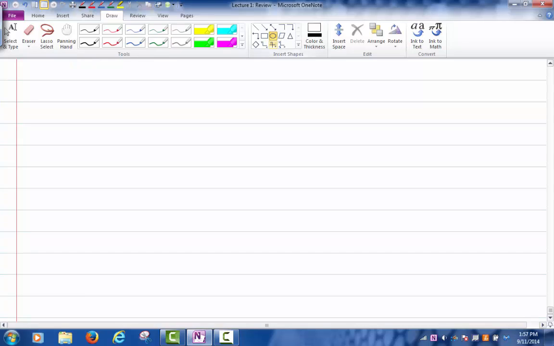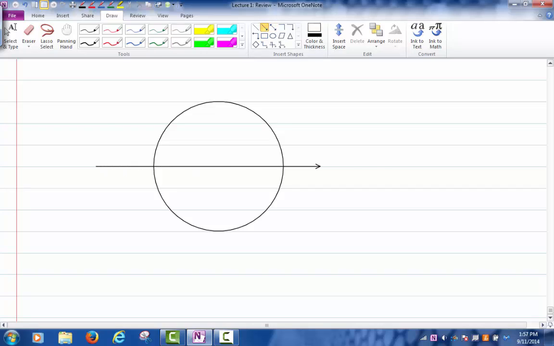So this is, again, the unit circle. So let's say this is the unit circle again. You know what? If you don't mind, I'm going to delete that.